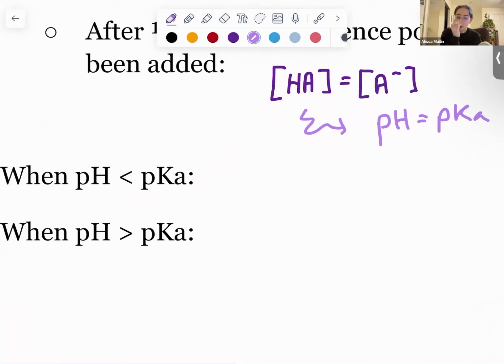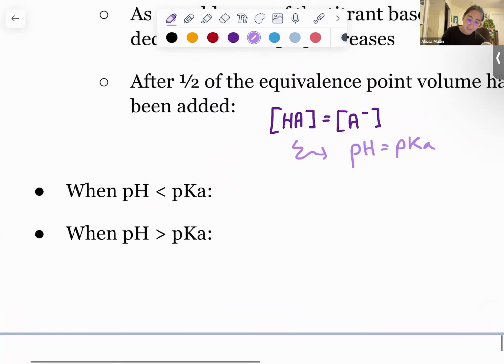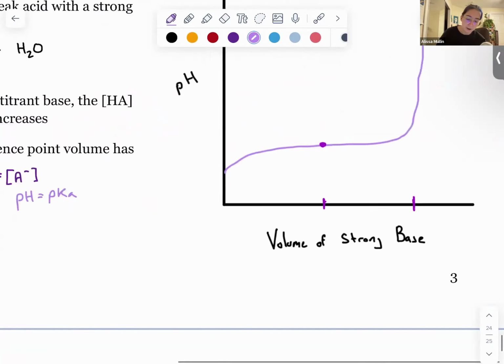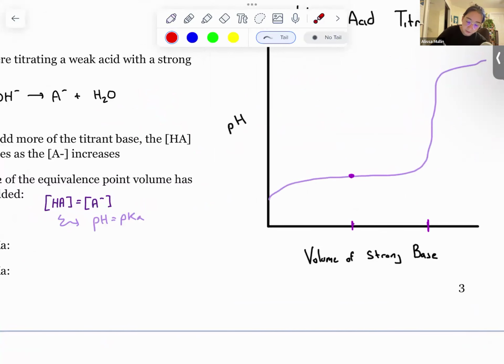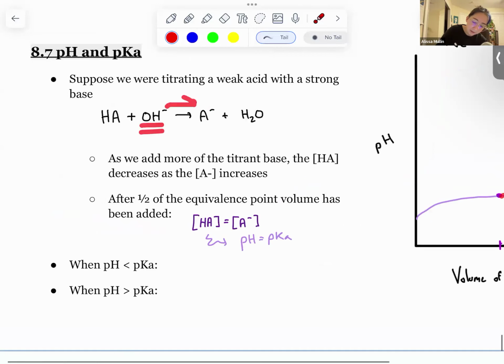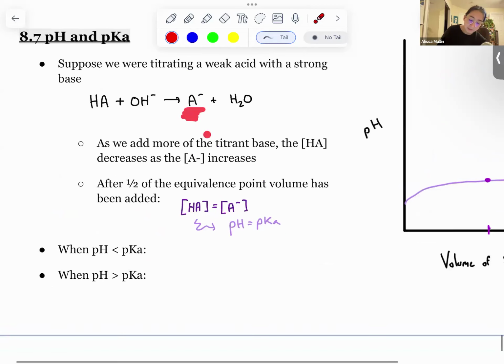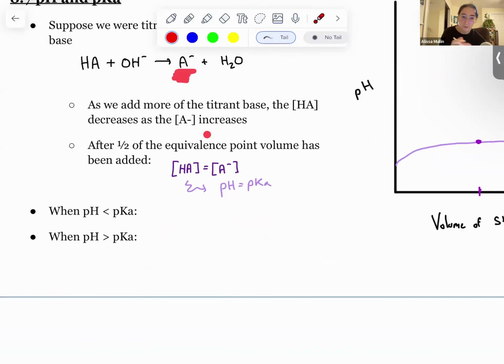So something I didn't explicitly talk about is that as we're moving towards this point, adding more and more of that base, continuing to titrate, we are using up our acid, forming more of that conjugate base until we get to a point where they're equal. And then we keep adding base, trying to get to that equivalence point, and we keep forming more of the conjugate base.